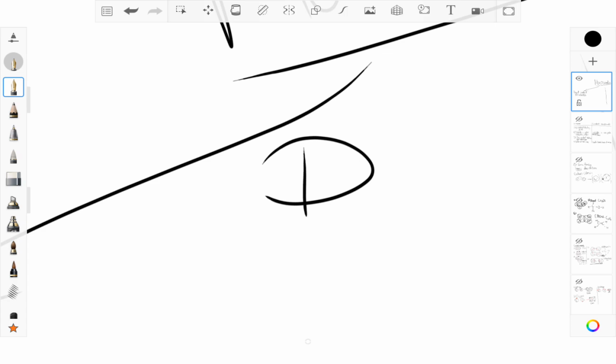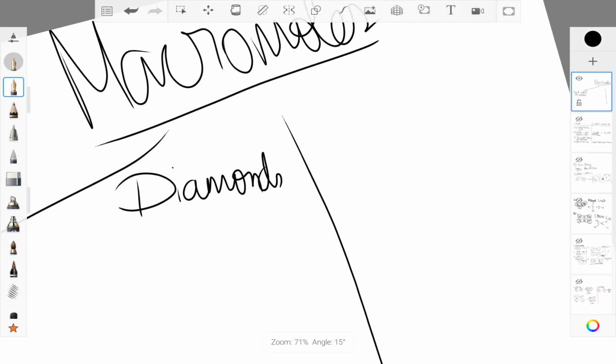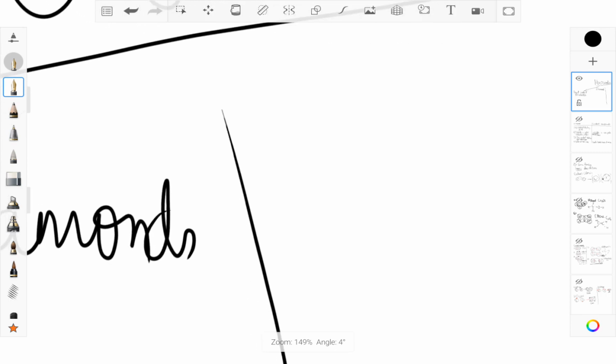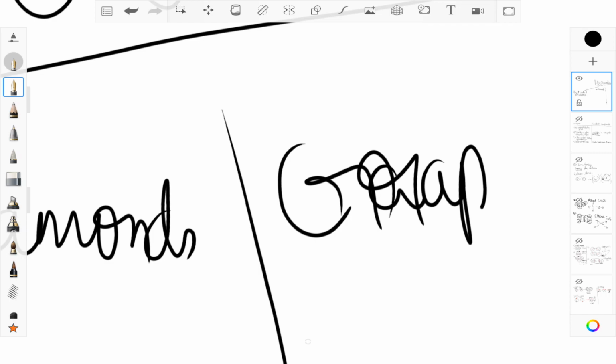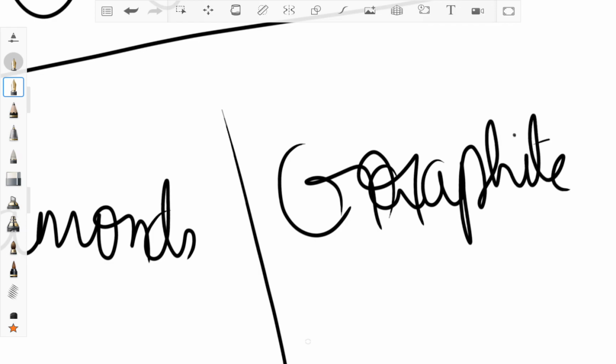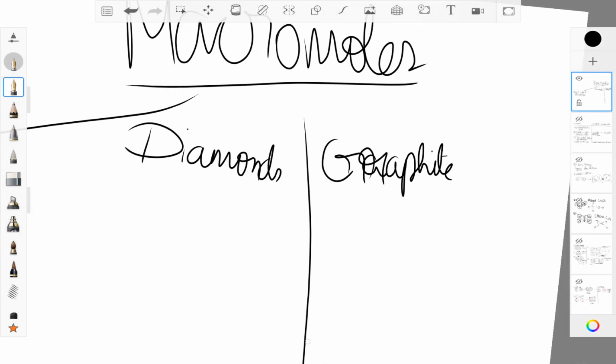diamonds and graphite. Both diamond and graphite are carbon. They're just allotropes of carbon, which means that an allotrope is just one or more alternative forms of an element.